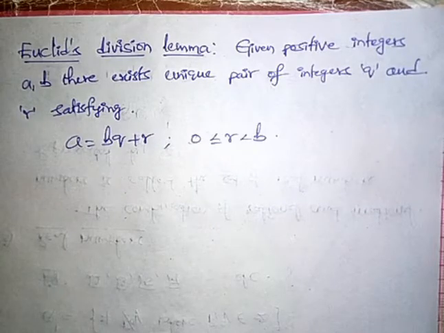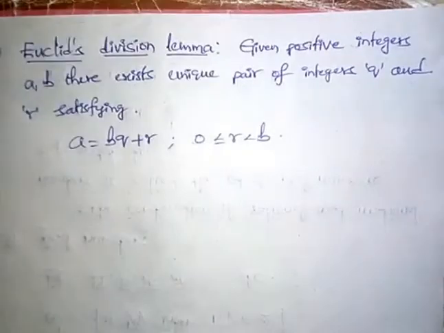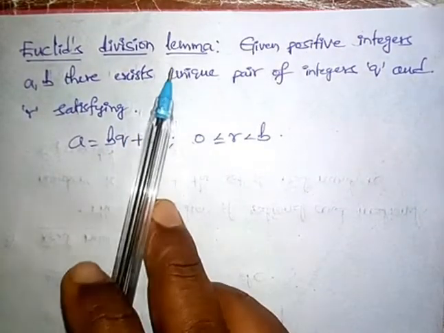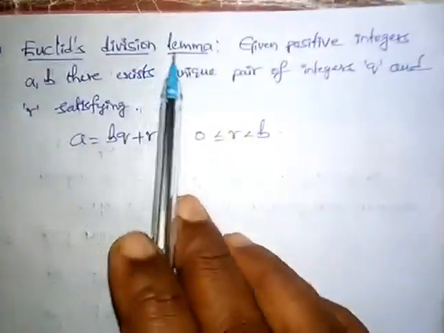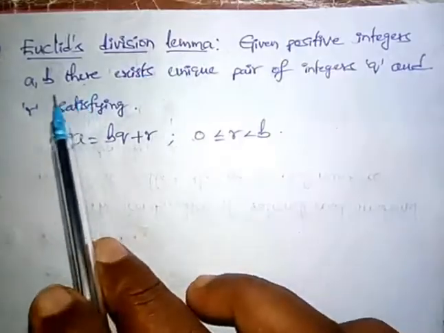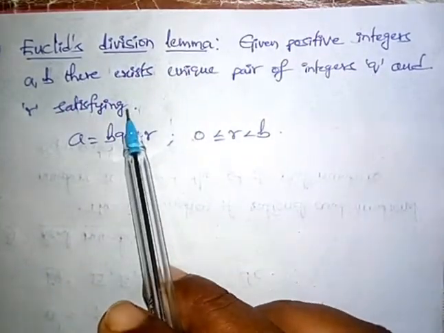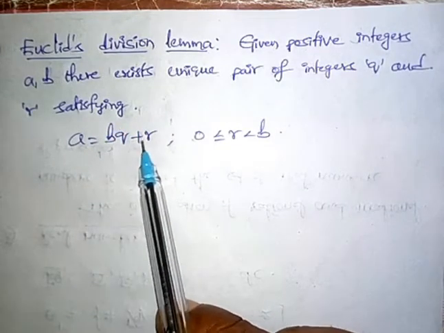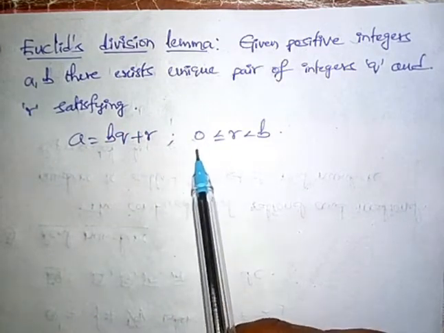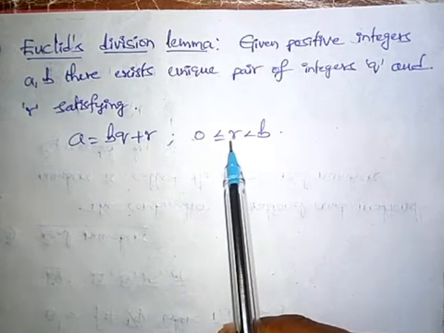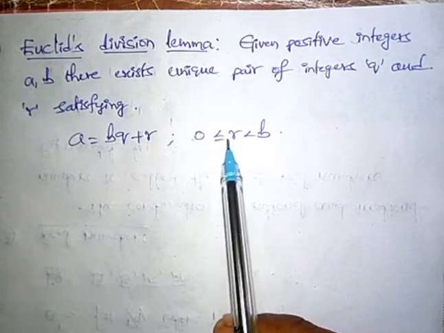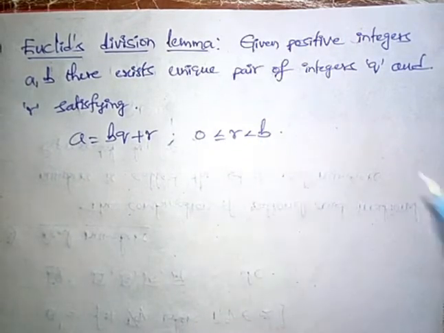So don't get confused. Let me explain more clearly. Let's have a look at the definition. Given positive integers a, b, there exists a unique pair of integers q and r satisfying a equal to bq plus r, and the remainder should satisfy 0 is less than or equal to r less than b.